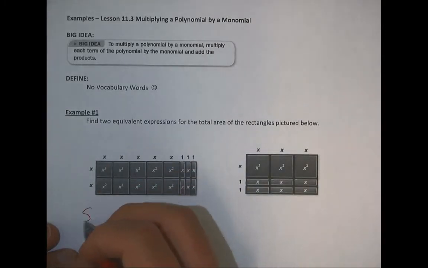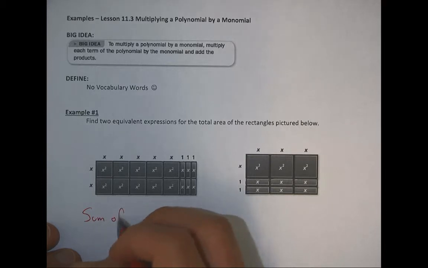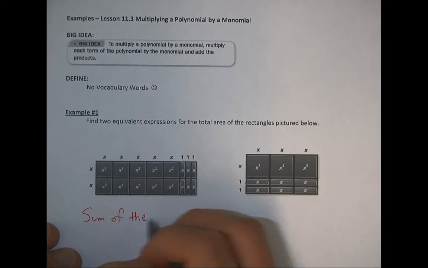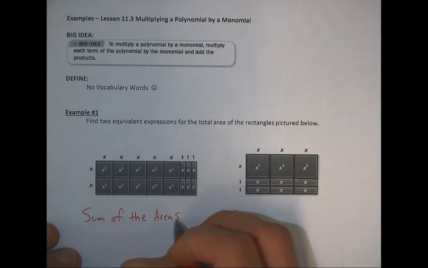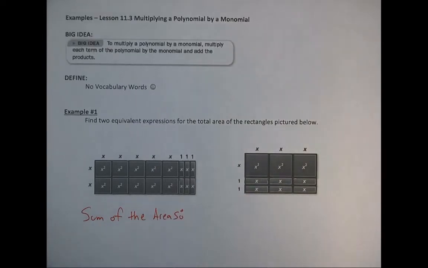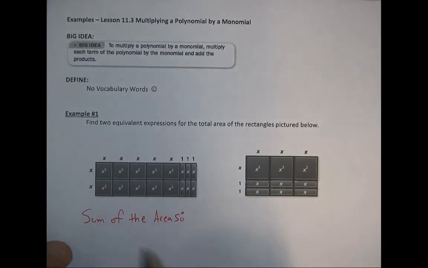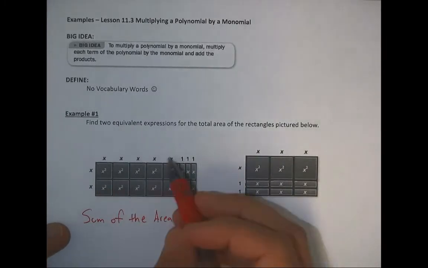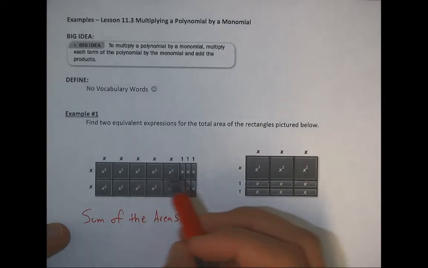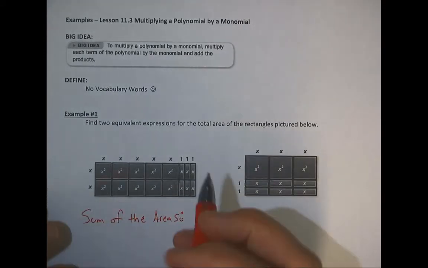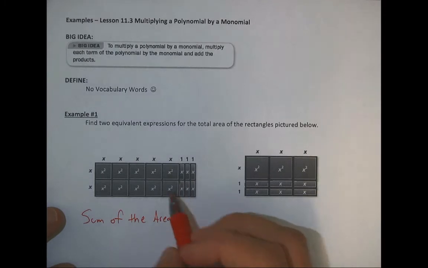So first, let's talk about the sum of the areas. And the sum would be adding up all of these pieces here. Sum is adding, so the total area is all of this. Now I can't write this as one simple term, because I have x squareds and x's.